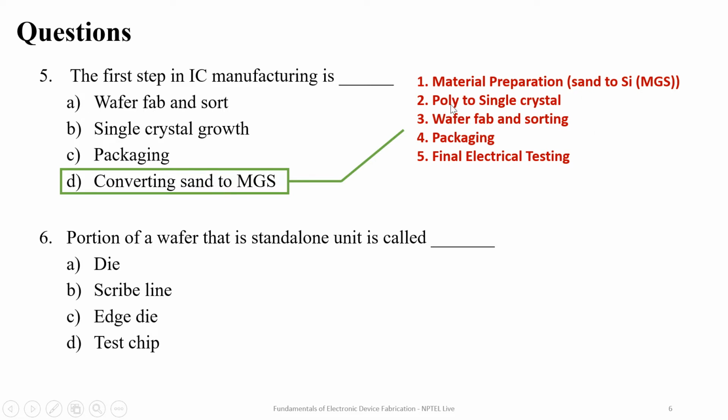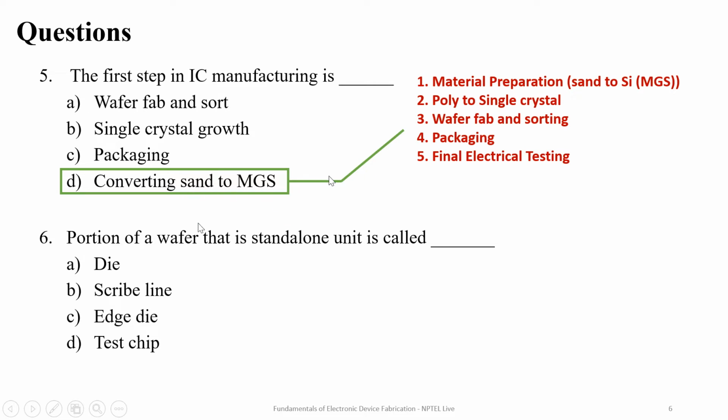Then we have a polycrystalline ingot, which will be converted into a single crystal ingot. Then we will be doing wafer fabrication and sorting. In wafer fabrication, we have layering, patterning, doping, heat treatment, etc. Finally, we will be doing packaging and then electrical testing. So the correct answer is converting sand to MGS.